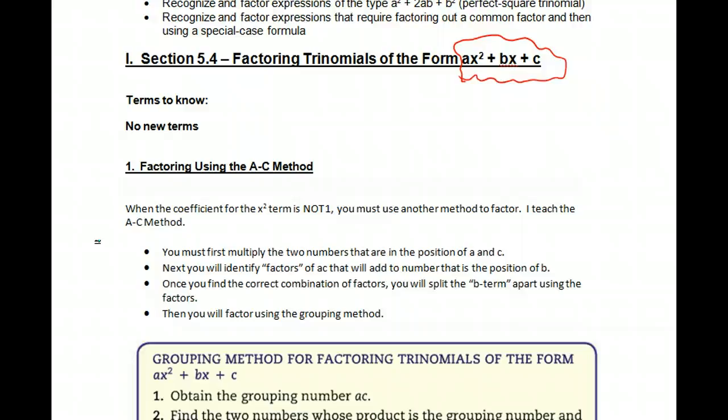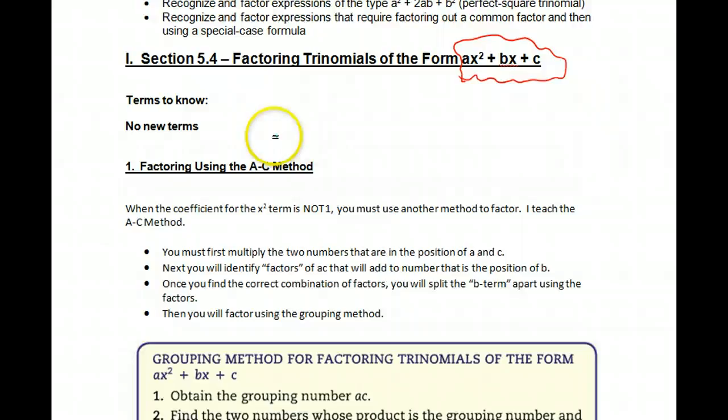And you should remember from the last section that we did, which was Section 3, that I taught you the C method for factoring, which worked only when that coefficient was a positive 1. When the coefficient for your x squared term is not 1, you must use another method to factor.